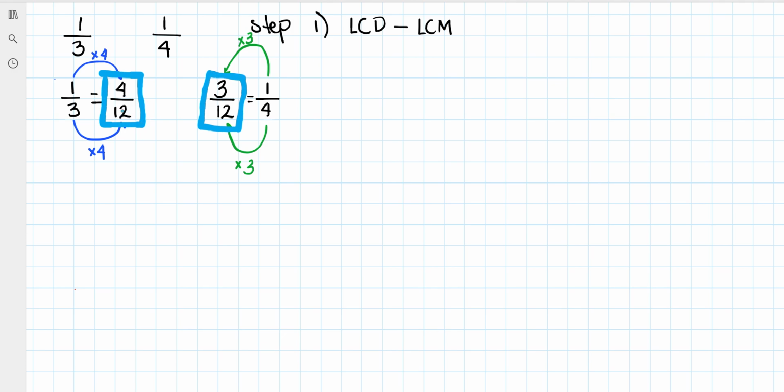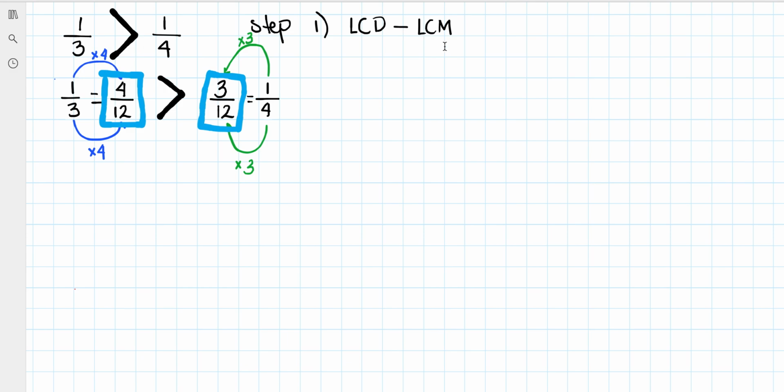Which one is going to be bigger? 4/12 is bigger than 3/12 because in this one I will be having 1/12 more. I'm shading one square more in this fraction. Therefore, this fraction is bigger, and because this fraction is bigger, then 1/3 is bigger.